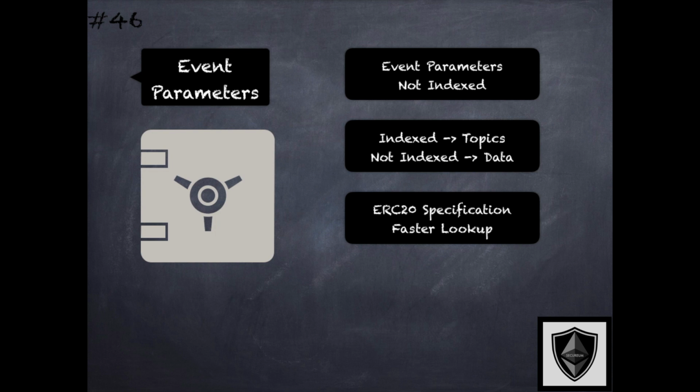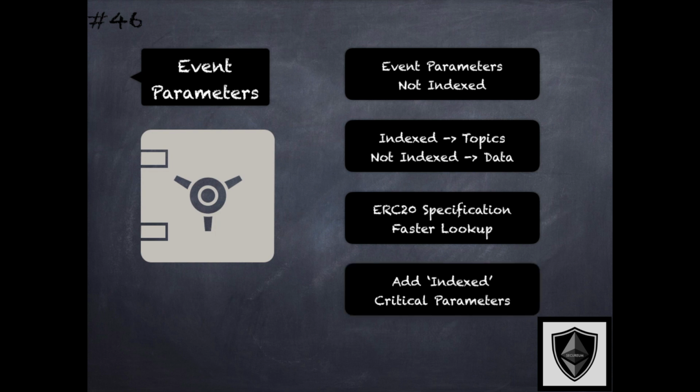There are certain parameters for certain events that are required to be indexed as per specifications. The ERC20 token standard, for example, has transfer and approval events that require some of their parameters to be indexed. And not doing so will result in the off-chain tools that are looking for such indexed events to be confused or thrown off track.